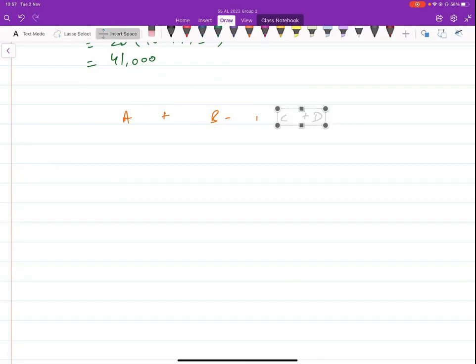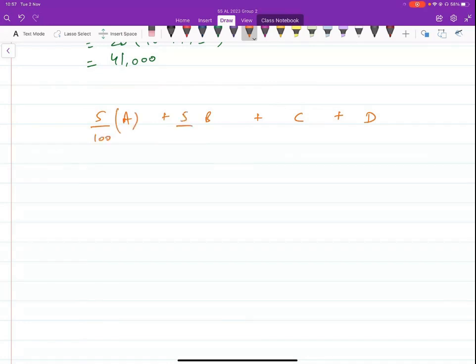You got A plus B plus C plus D. Let's say you got these 4 amounts. If we calculate their 5% separately and then add them, what do we get?